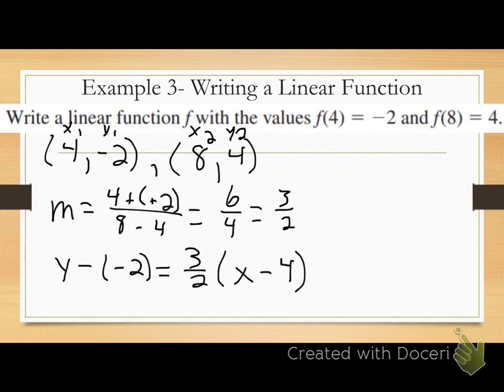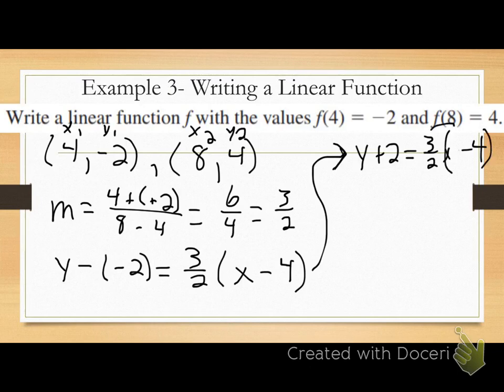Y minus negative 2 turns into y plus 2. And let's go ahead and put this into slope-intercept form, and I'll show you why here in a second. So what do I need to do? I forgot my parentheses.